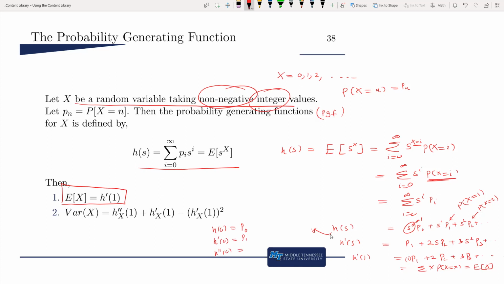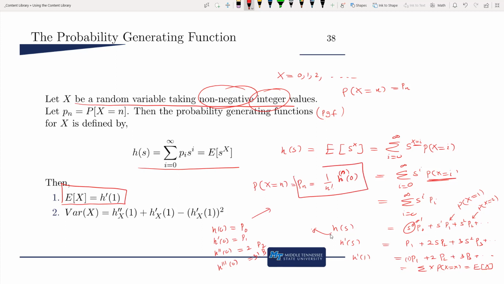If you take the second derivative, that's going to be 2 times p_2. And if you take the third derivative, it's going to be 3 factorial times p_3. So in general, you have a formula, which I didn't write here: the probability that X equals n, or p_n, is 1 over n factorial times the nth derivative of h at 0.